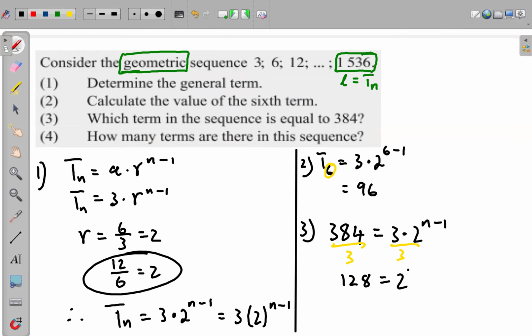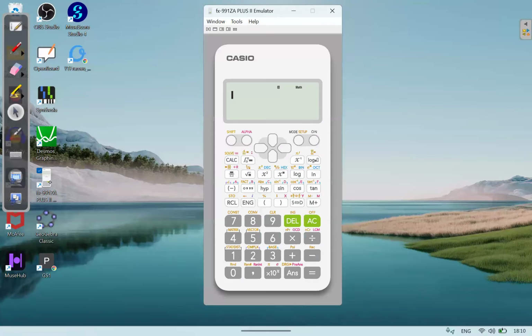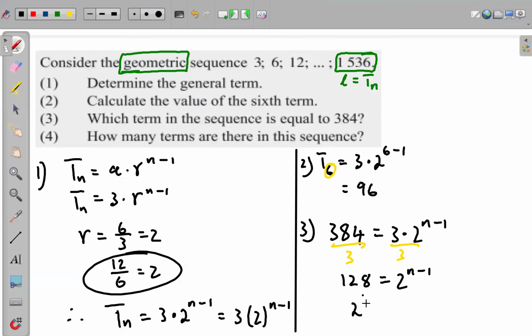Which is 2 to the n minus 1. Now, at this stage, I know you're going to get your calculator and type 128, then equal to, then shift fact, and you get 2 to the power 7, right? That's fine. 2 to the power 7 is equal to 2 to the n minus 1.